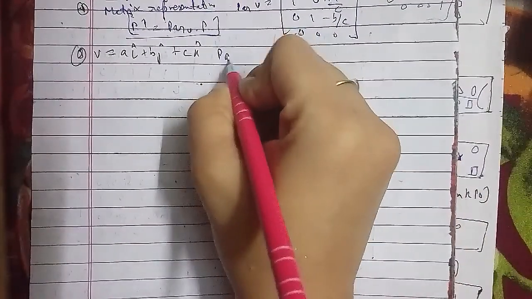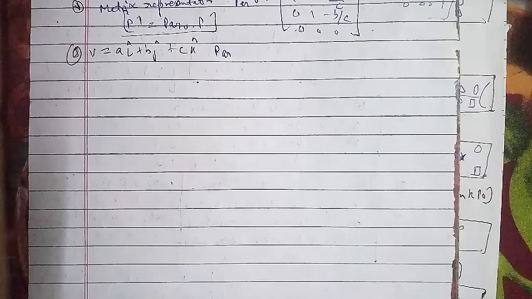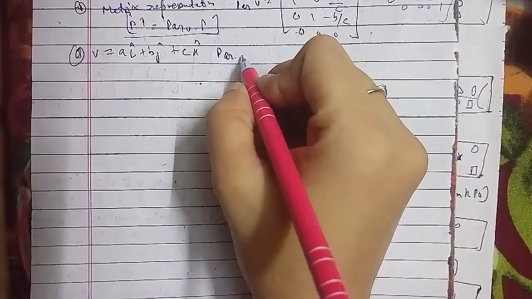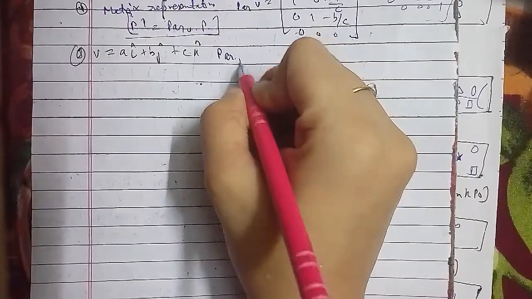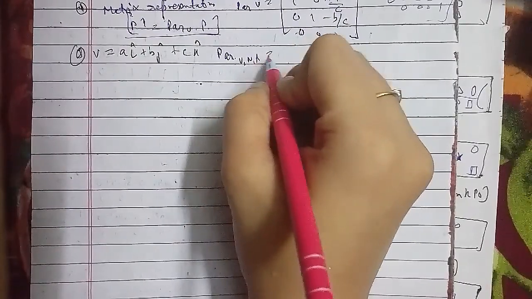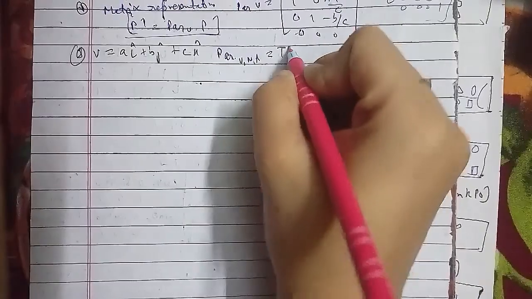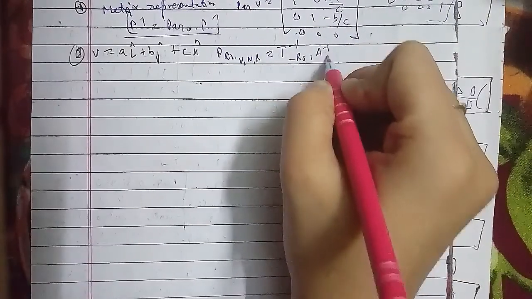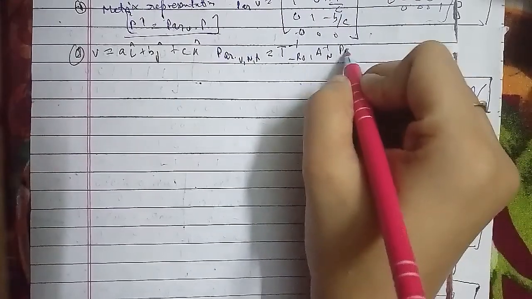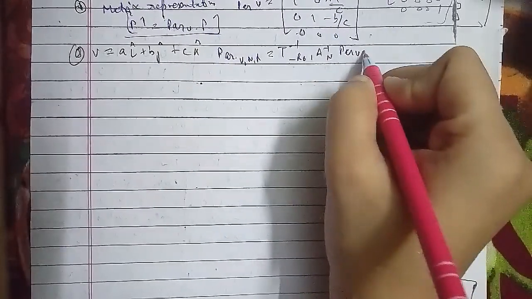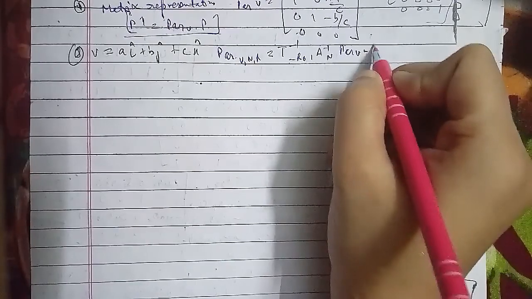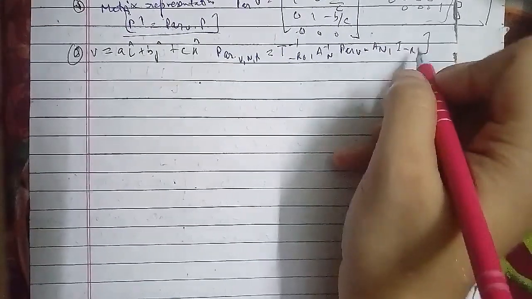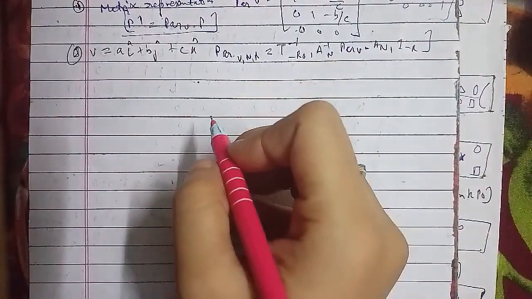Here we will find Par(v, n, R), which equals T minus R0 inverse times A_n inverse times Par V dot A_n and T minus R0. We'll find each and every matrix and then solve it as well.